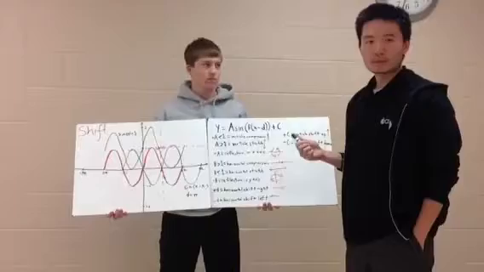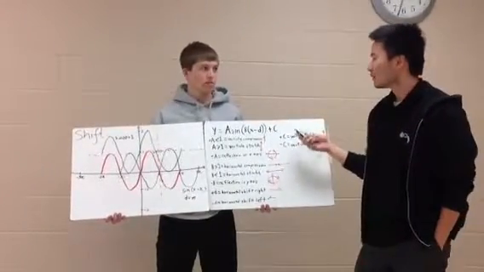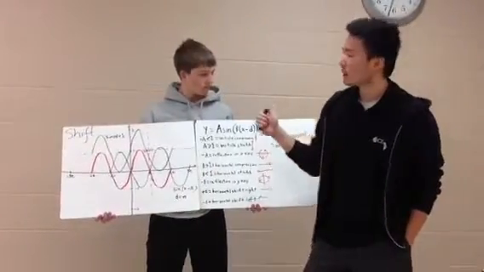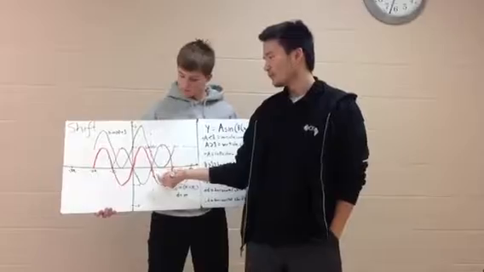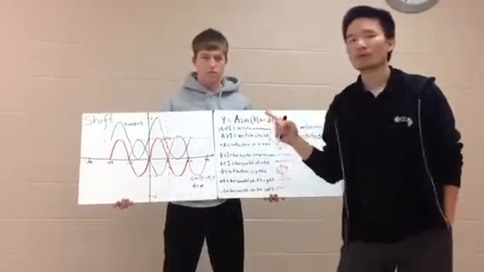The vertical shift depends on c in this formula. If we set c equal to 1, it basically moves the whole function upward one unit.